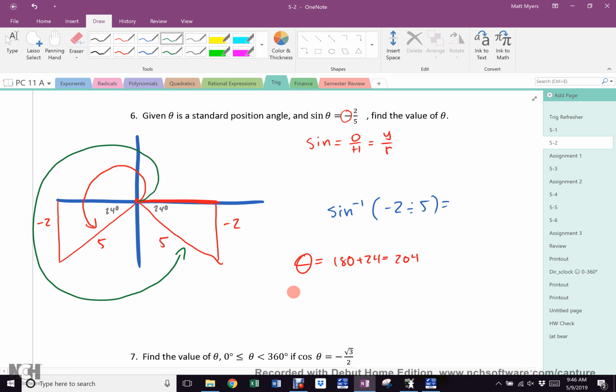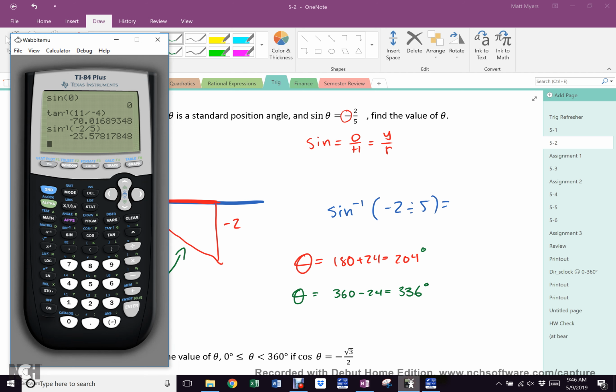What's green theta? 360 minus 24, which is 336 degrees. Now, if you don't believe me, but I know you all do, 2/5 is 0.4, yes? Well, sine 204 is -0.4. Sine 336. Oops, missed a 3.